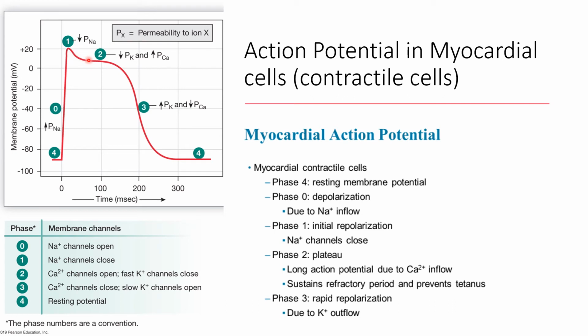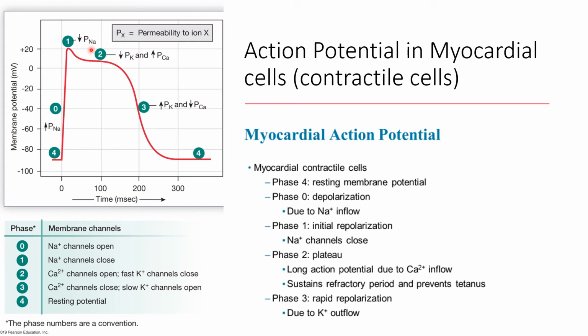But notice how the repolarization does not last long. It's very brief, and we get that plateau phase right there. So what's happening is that some of those potassium channels start to close. And so now you don't have a lot of potassium leaving the cell.